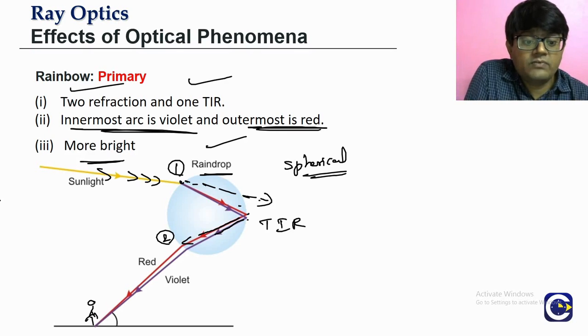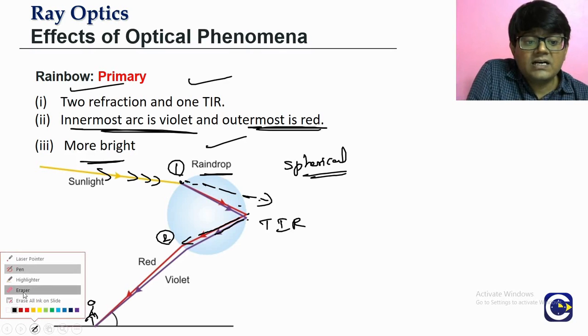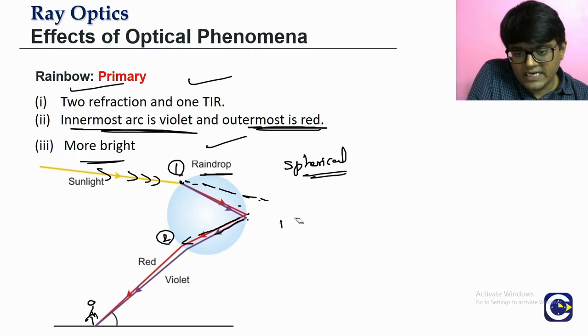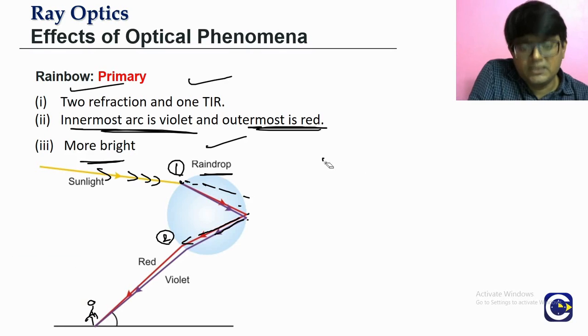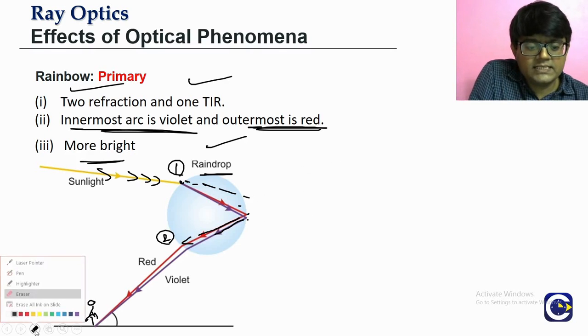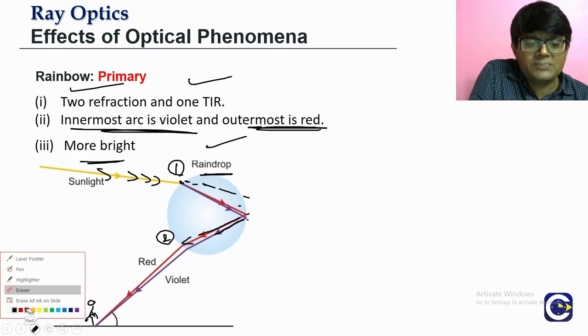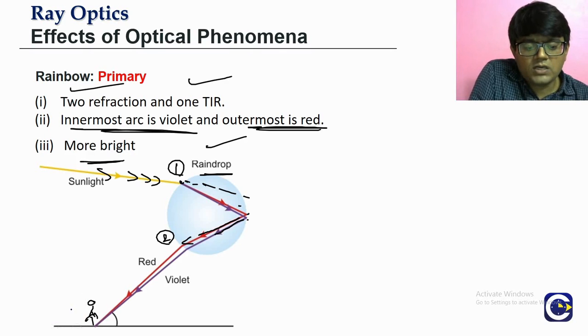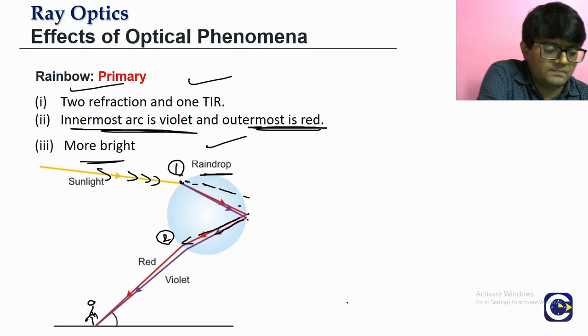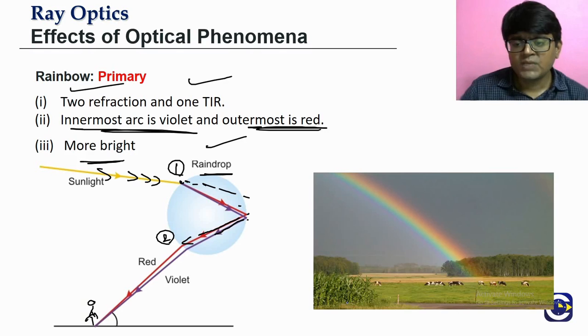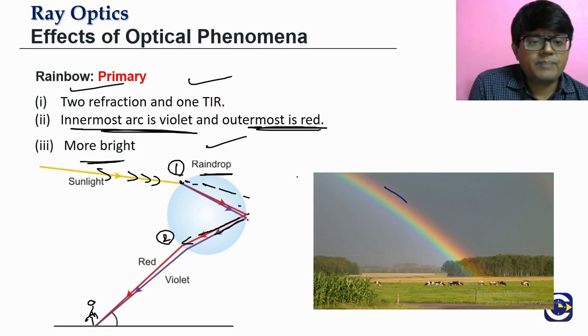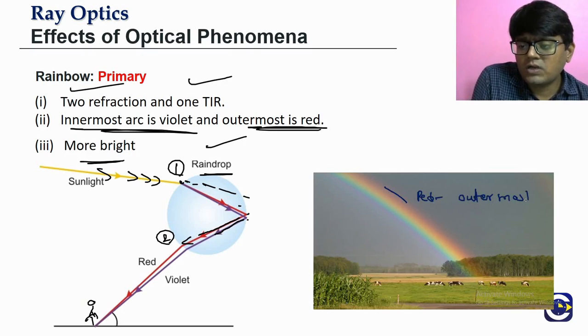The other one we are going to talk about is the secondary rainbow. The secondary rainbow will be relatively dull, less bright, while the primary will be more bright. You can see here in terms of the pattern, for the primary rainbow, red is the outermost, and violet is what?